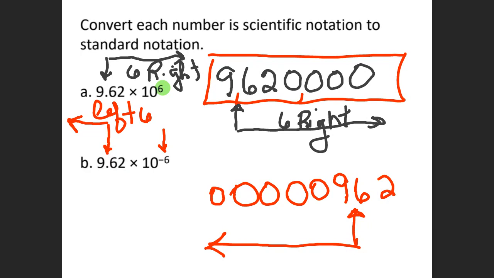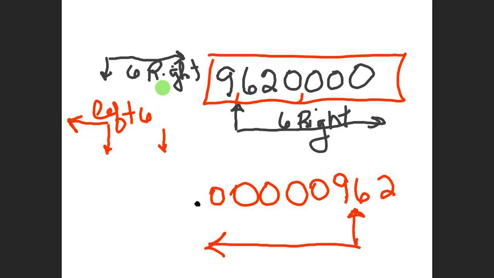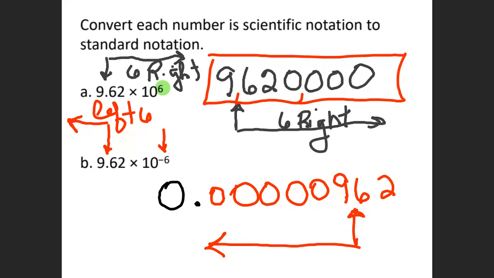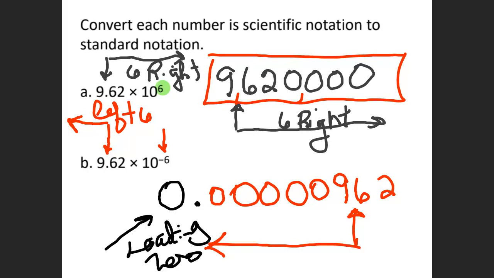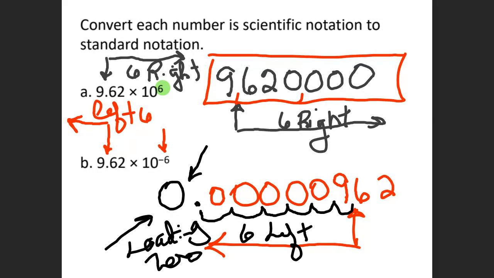Now here's something you got to remember. 0.0, this leading 0 has to be there. I've moved it 1, 2, 3, 4, 5, 6 to the left. But I have to put in front of that decimal place a 0, my leading 0.